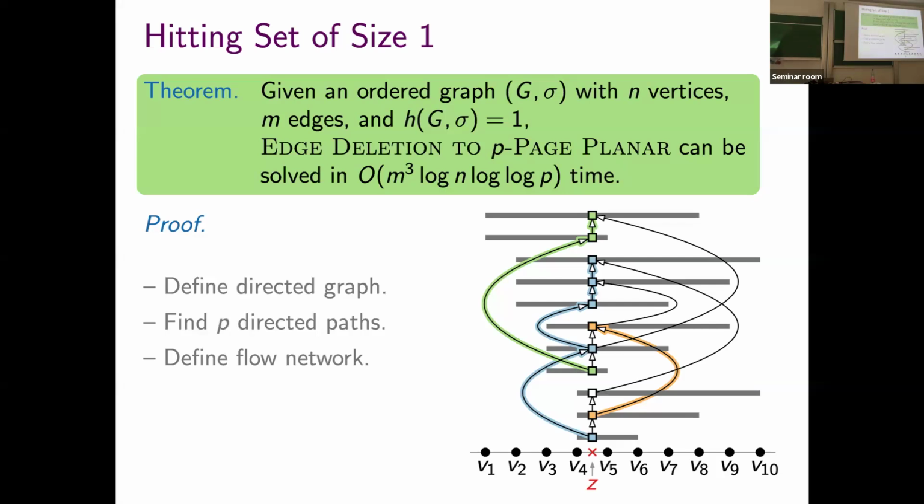And now we connect S prime to all the vertices that you can see over there. And on the other side, we have a super sink T, and we connect everybody to T.